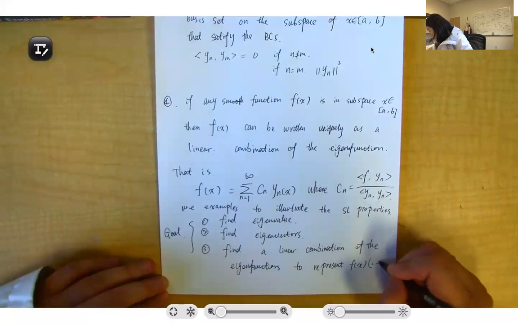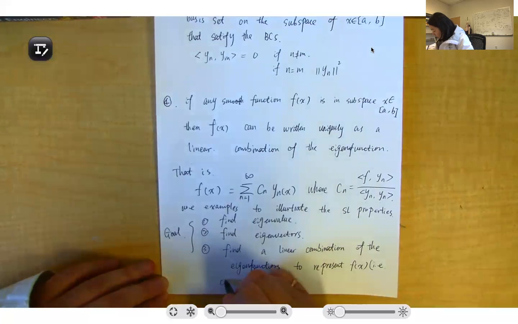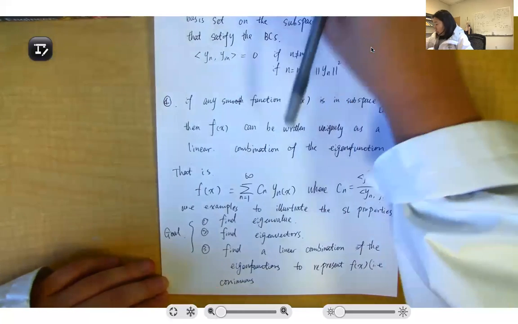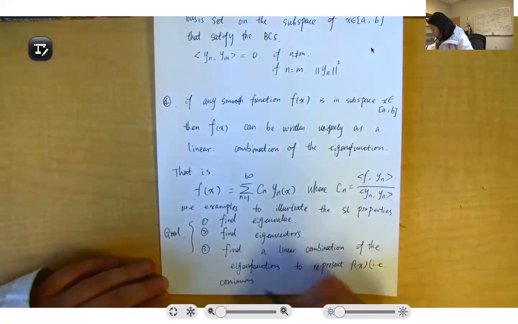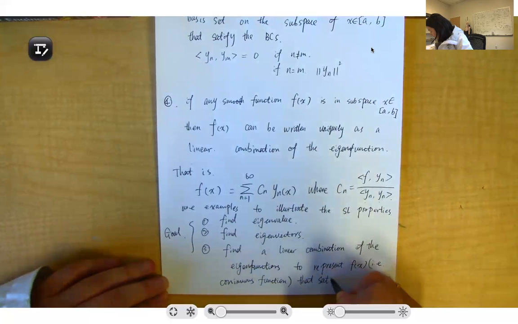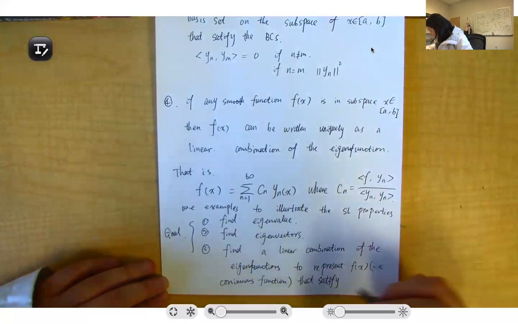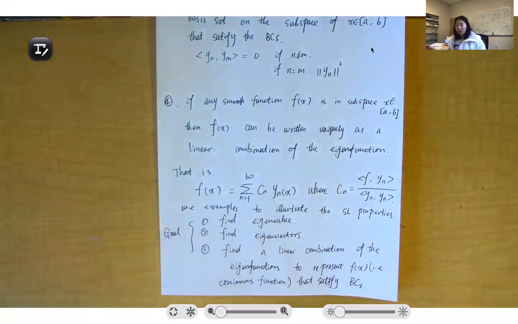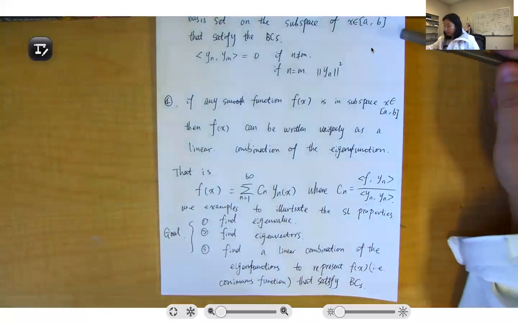function. So here it is very important. This is a continuous function that satisfies your boundary conditions. Okay. So we introduce the properties.